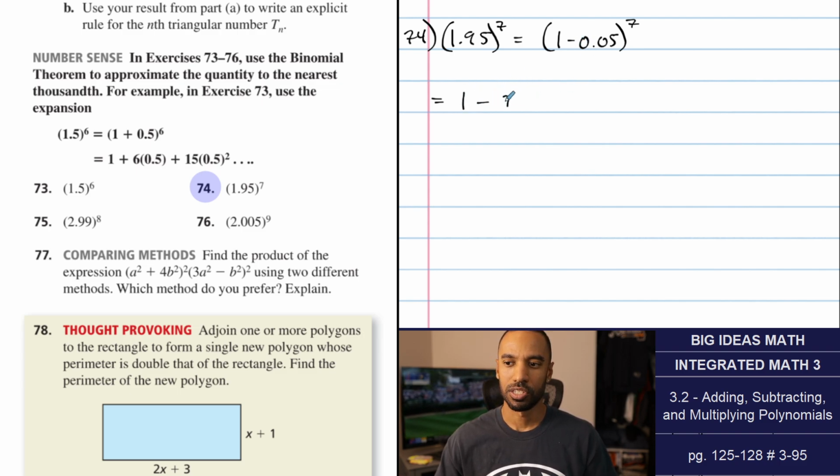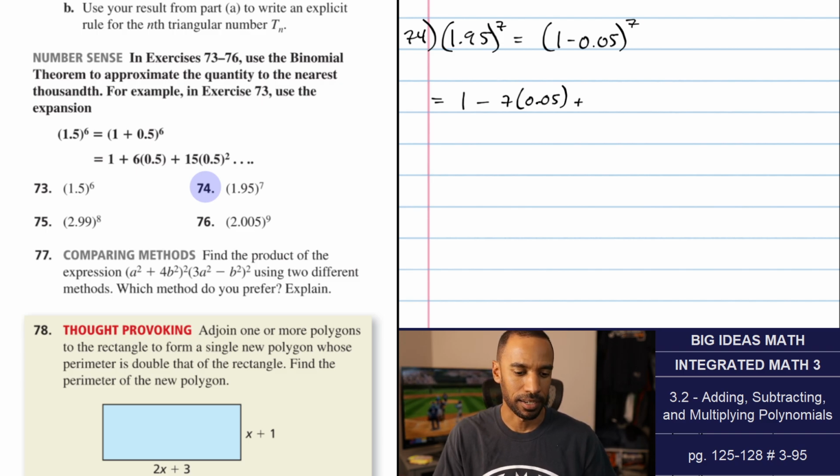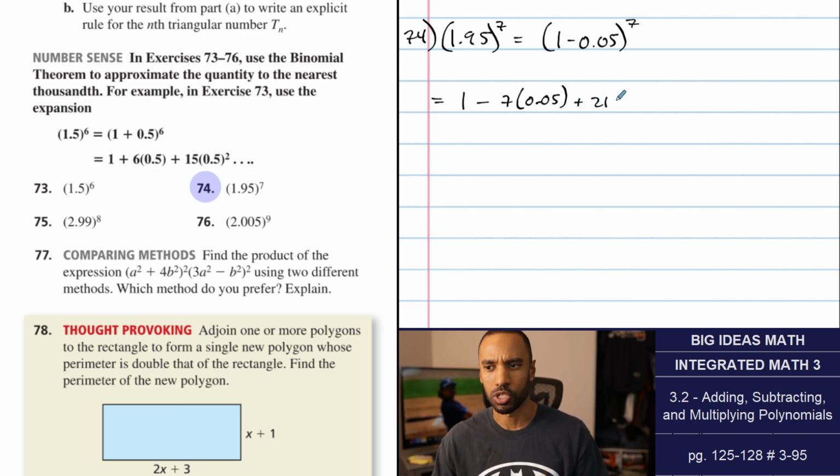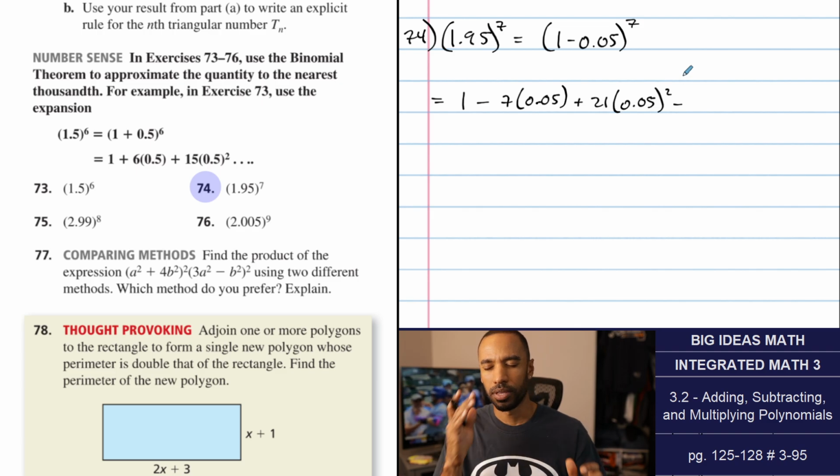Minus 7 times 0.05 to the first. Plus, I don't know the next one's on 7. I gotta use the calculator. 7 choose 2. 21. Plus 21 times, I just gotta remember them from 6, right? Times 0.05 squared. Minus, what were the other numbers?